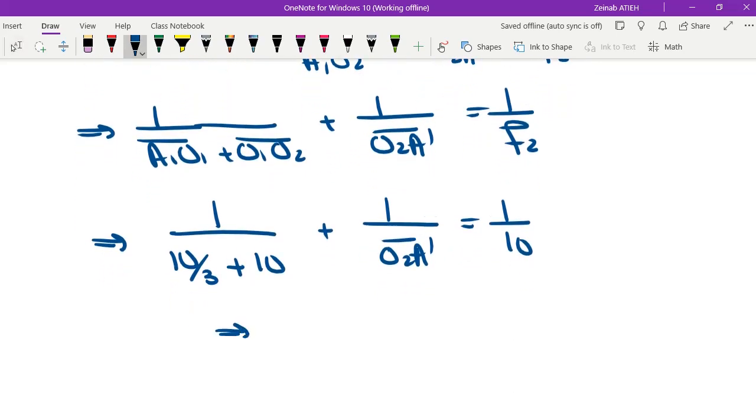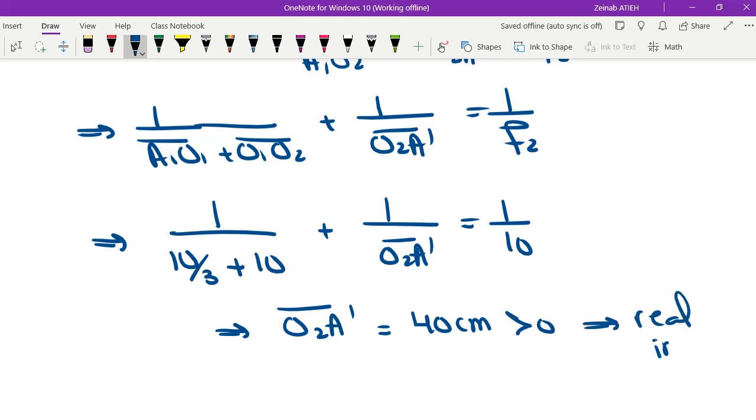Calculate that, you will get O2A prime equals 40 centimeter, positive, so the final image is a real image.